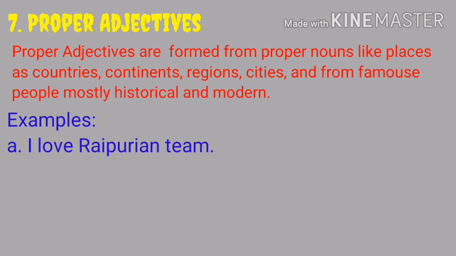For examples, I love Raipurian team. In this sentence, the word Raipur is proper noun, and from proper noun Raipur, proper adjective Raipurian team is formed.